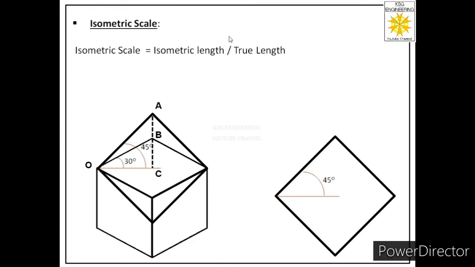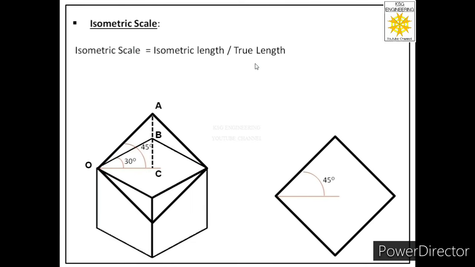Now let us find true length. For that we will consider this triangle OAC. In this triangle we will say base OC upon hypotenuse OA is equal to cos 45 degrees. And we will get true length OA is equal to base OC divided by cos 45 degrees.